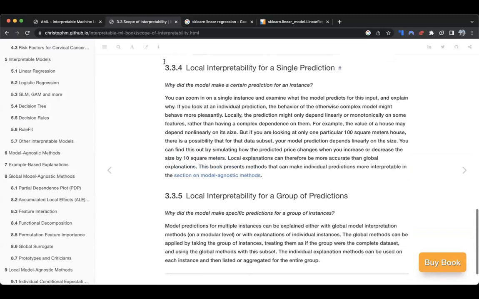But at the last two levels, local interpretability for a single prediction or for a group of predictions, these two must be extremely easy for a human being to understand, because these are explanations, right? So explanations for me are something extremely easy to understand by a human being. Interpretability contains explanations plus things that only experts can understand.